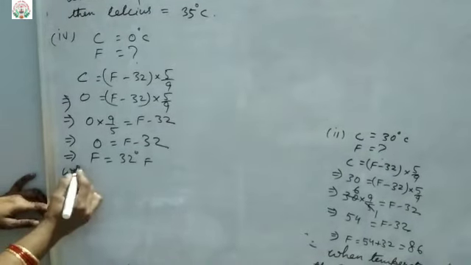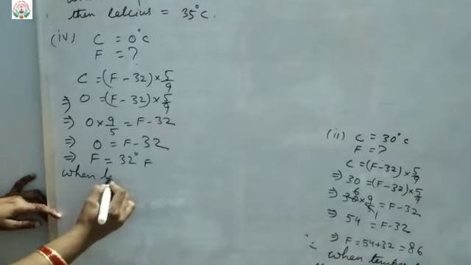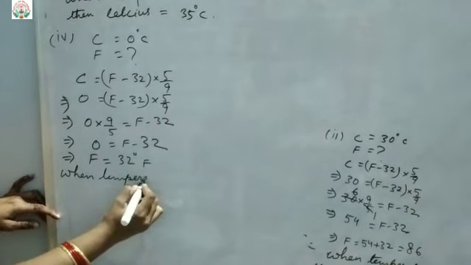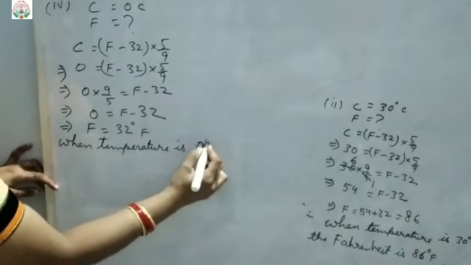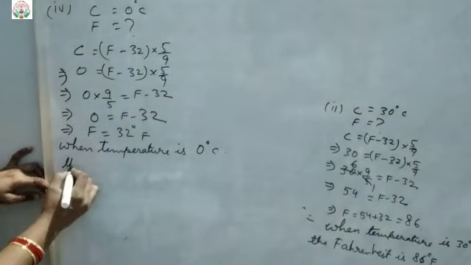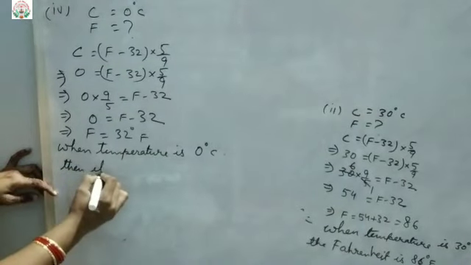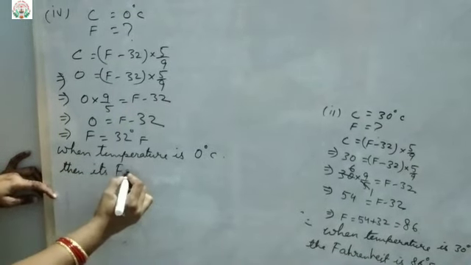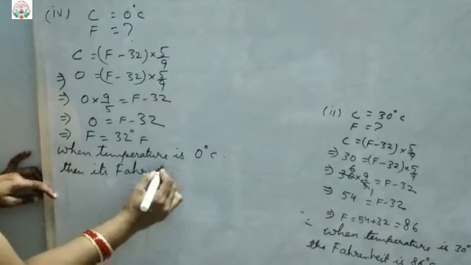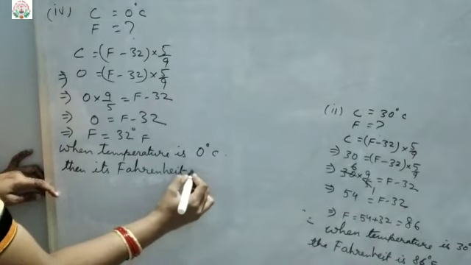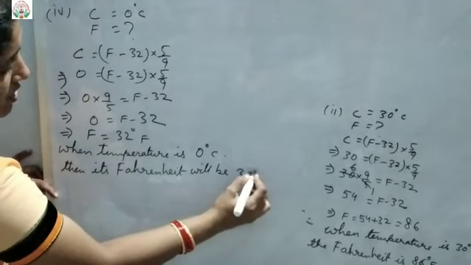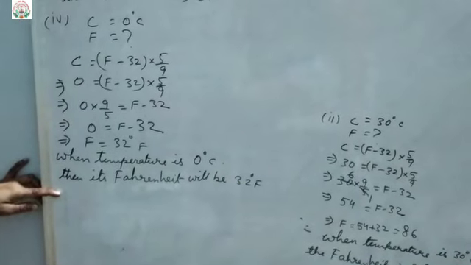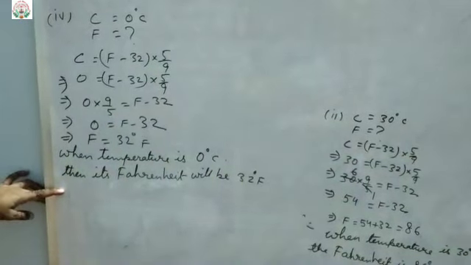Okay, so when temperature is 0 degrees Celsius, then its Fahrenheit value will be 32 degree Fahrenheit.